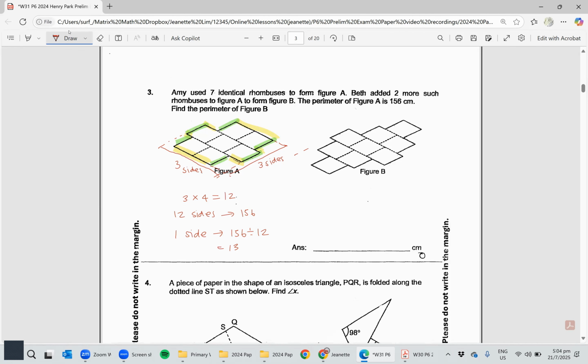if you look at this here, this is 3 sides. Now on the other side here to here, this has a total of 5 sides. Okay, 5.